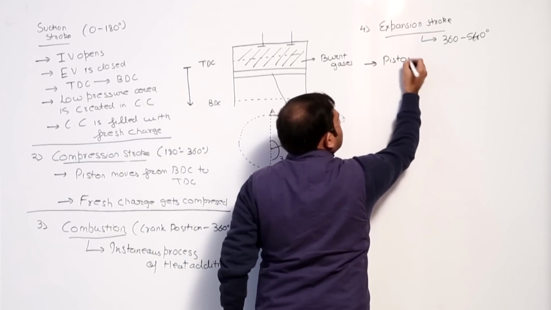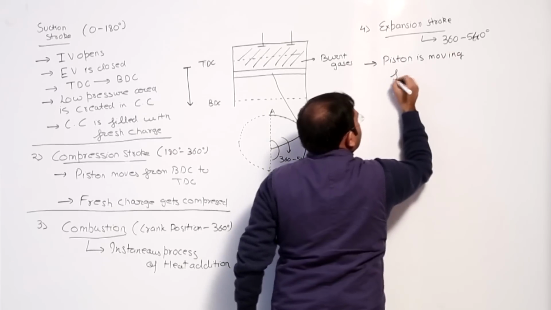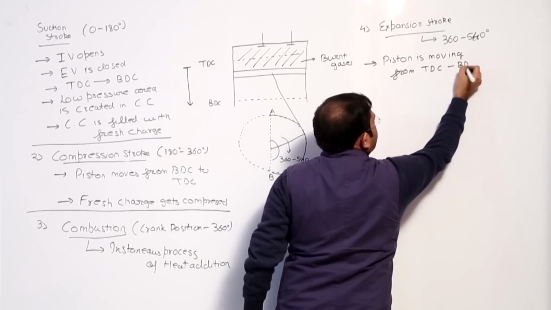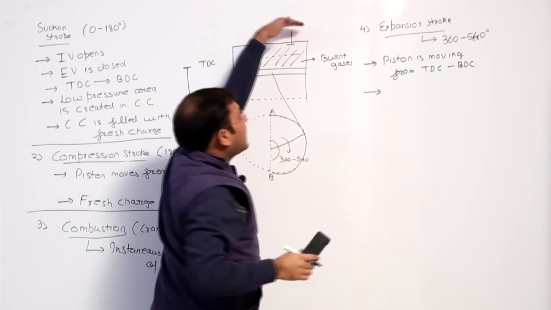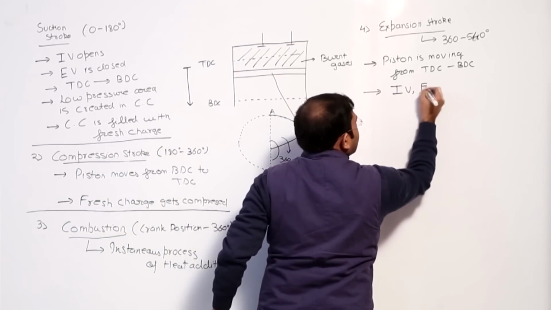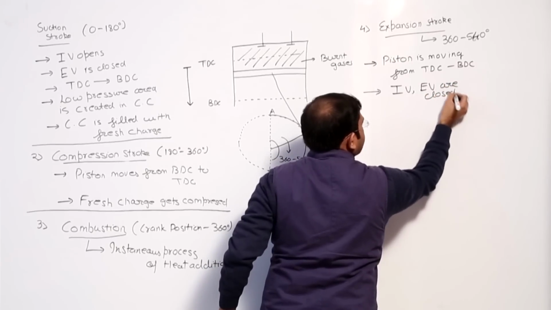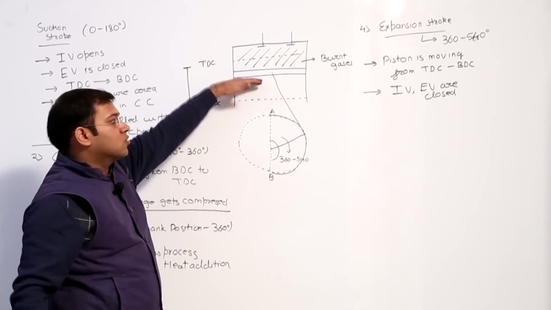The piston is moving from top dead center to bottom dead center, and here again see, both the inlet valve and the exhaust valve are closed. Fine. This is known as the expansion stroke.